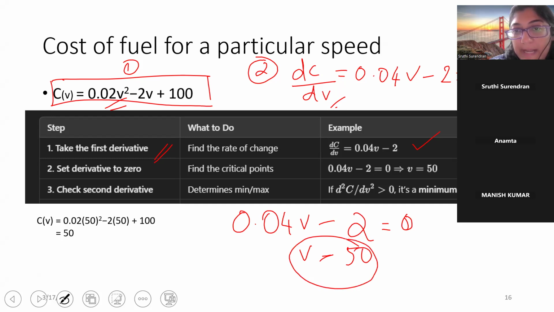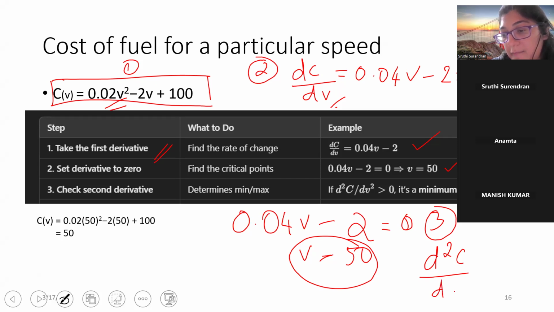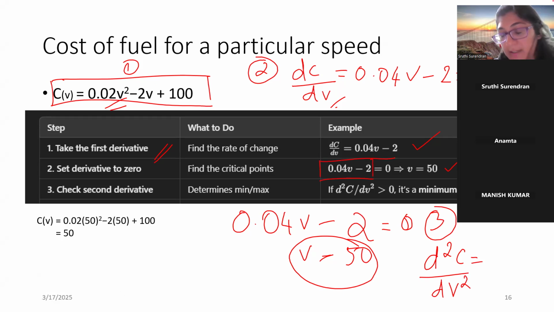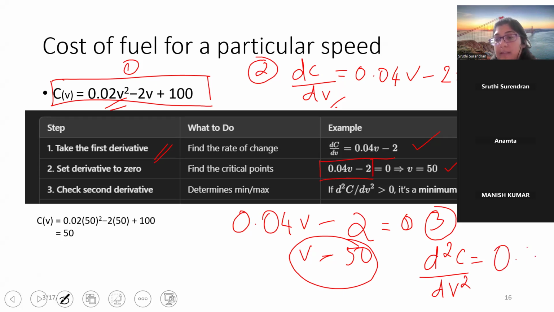Okay. Now step 3: next step is to find the second derivative. The second derivative is written as d2C by dV squared. When you differentiate this equation, the derivative of the first derivative, you will get the answer as 0.04.